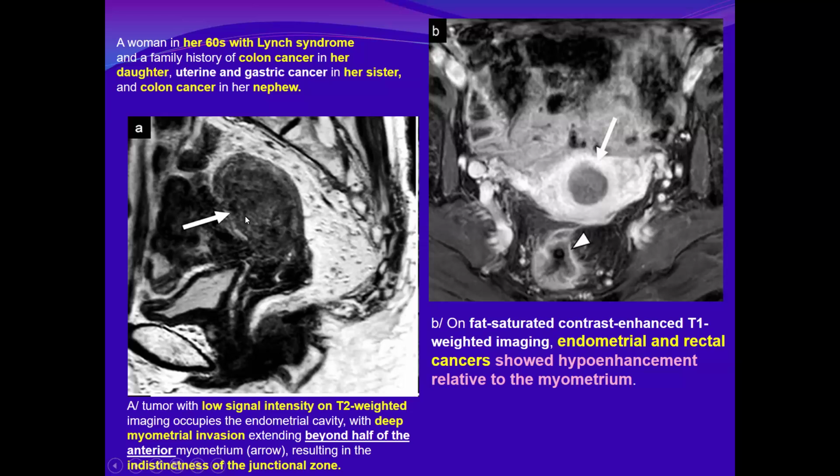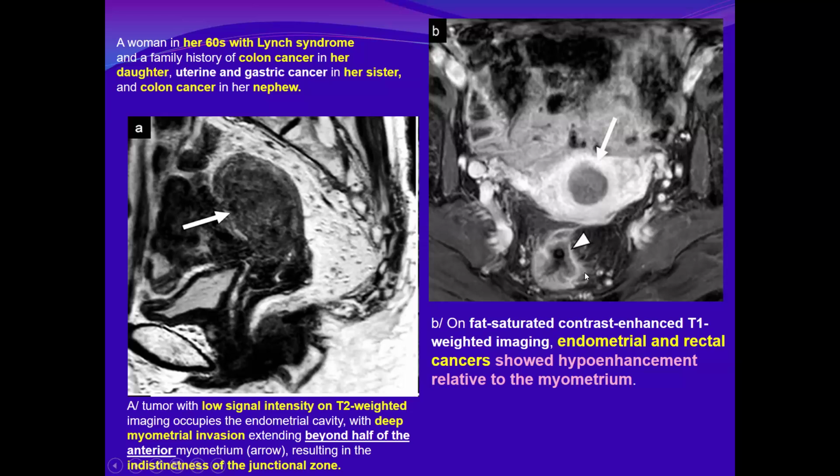It is obviously seen here if we can trace. This is the myometrium, and here we can see extension beyond 50% of the myometrial thickness, with indistinct junctional zone. Here it is hypo enhancing.